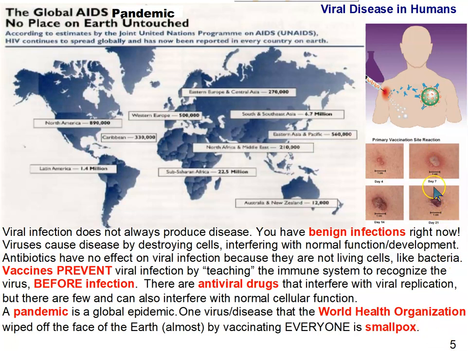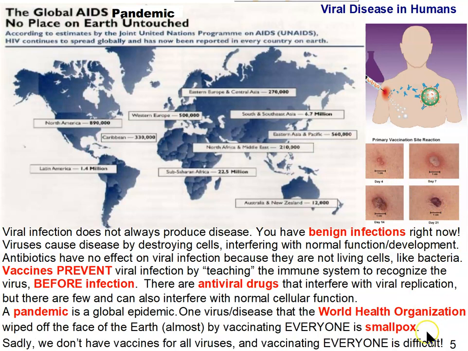But they're not doing that anymore. And so the way that they wiped out smallpox on Earth was to vaccinate everyone. The problem is that's extremely difficult. They went all over the Earth and vaccinated every single person they could possibly find everywhere against smallpox, and that's how they wiped it out.